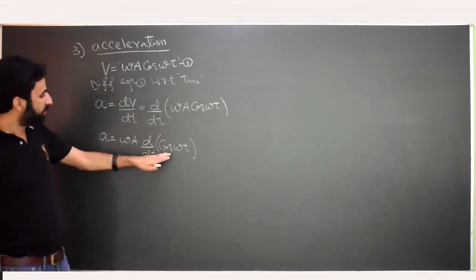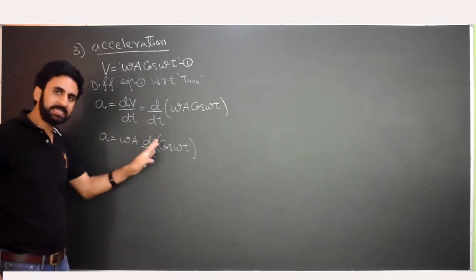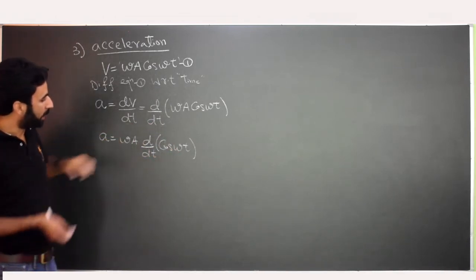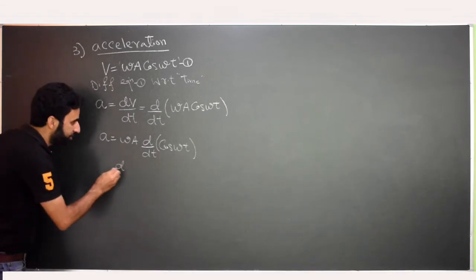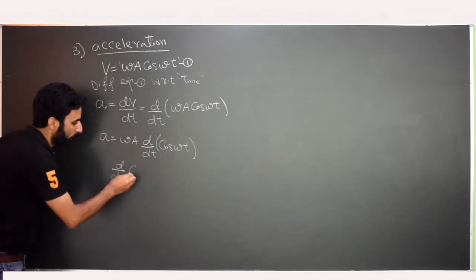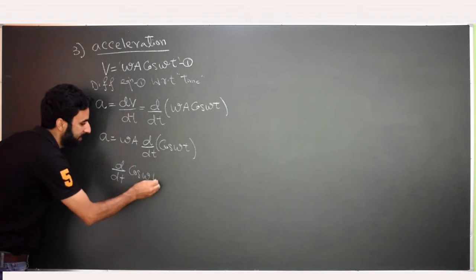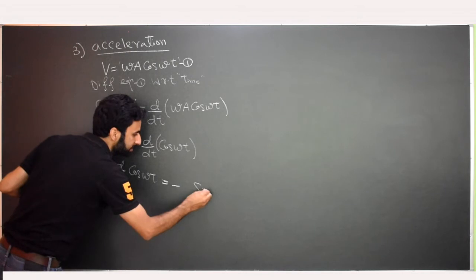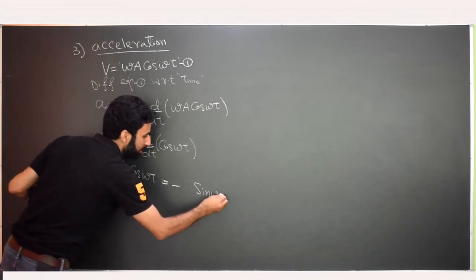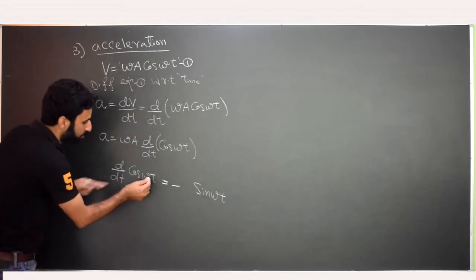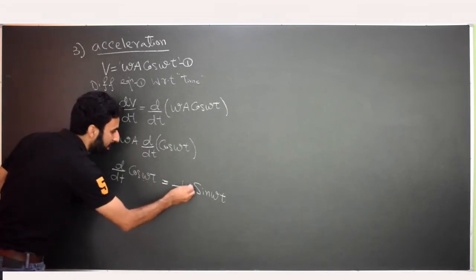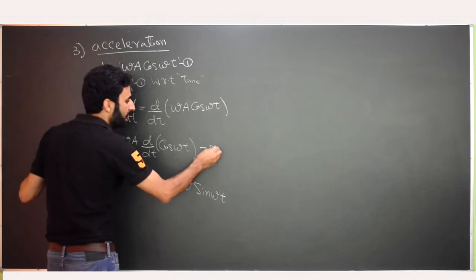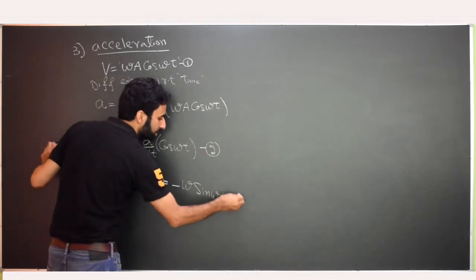Now we know differentiation of cos of theta is minus sine of theta, but because of internal differentiation this omega will come out. So differentiation of cos of omega t will be minus omega times sine of omega t. Let's call this equation 2, and let's call this part equation 3.